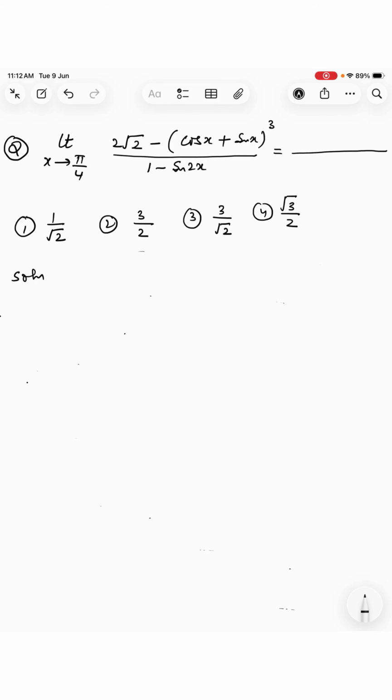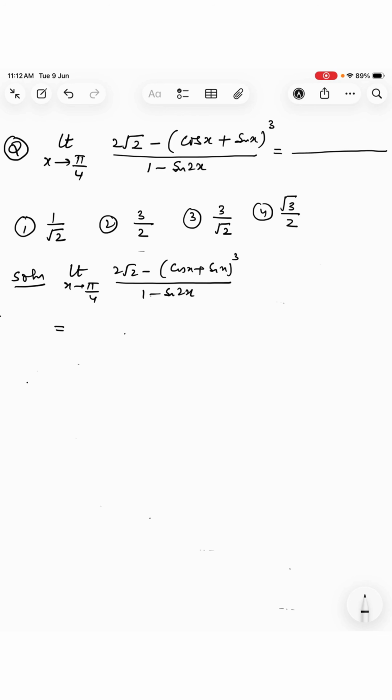So in the solution what we do is, limit x tending to pi by 4 of (2 root 2 minus (cos x plus sin x)) whole cube divided by (1 minus sin 2x).